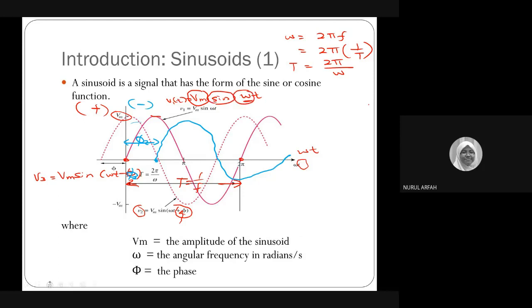If you have two signals, maybe V1 and V3, you need to make sure the omega is the same. What is omega? Omega is the angular frequency, measured in radians per second.